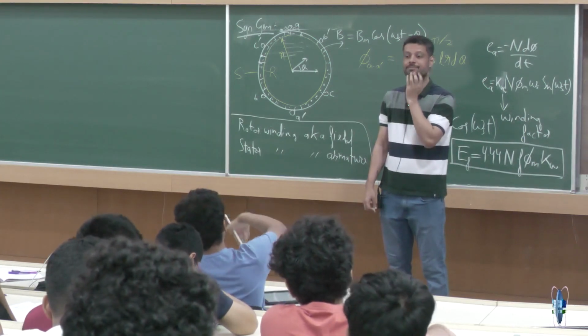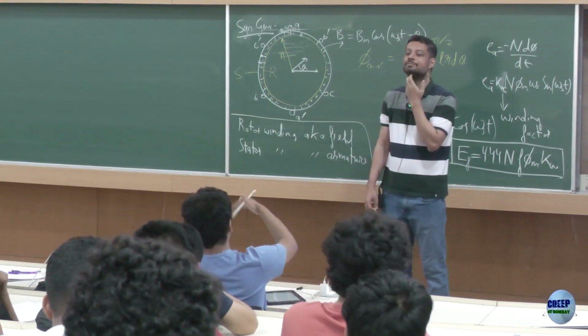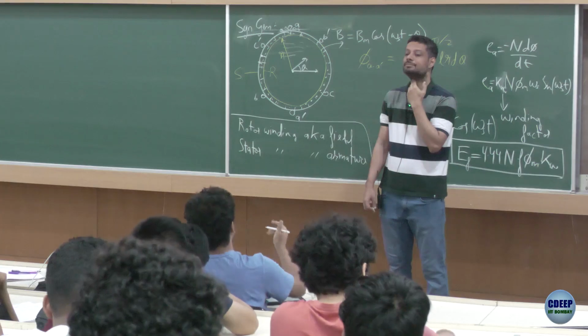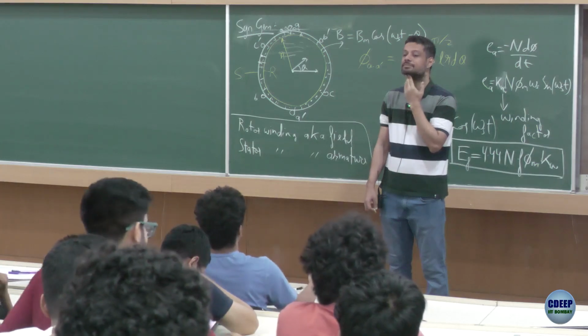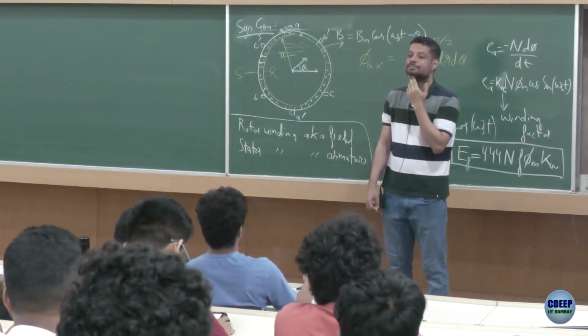So if we integrate the total flux, the same amount of flux will have to cross that particular area.